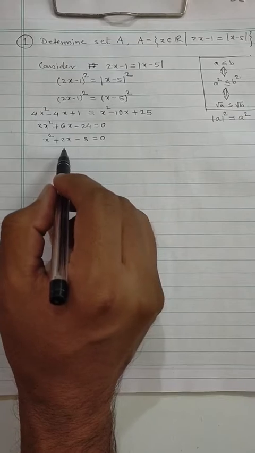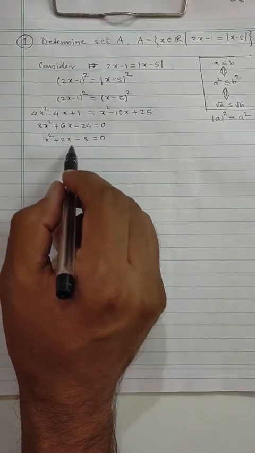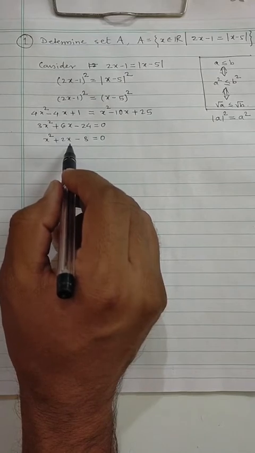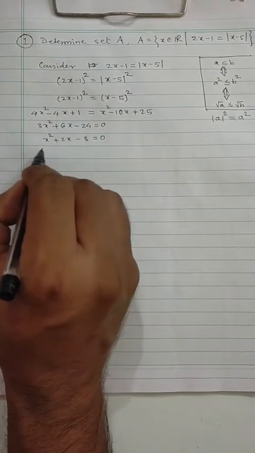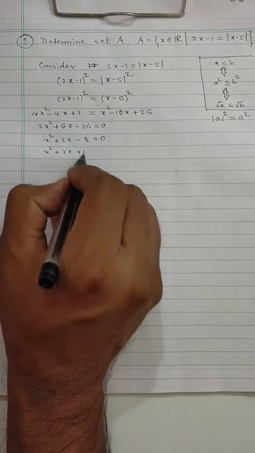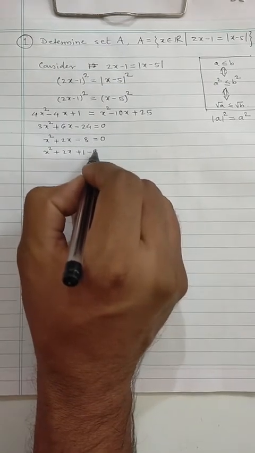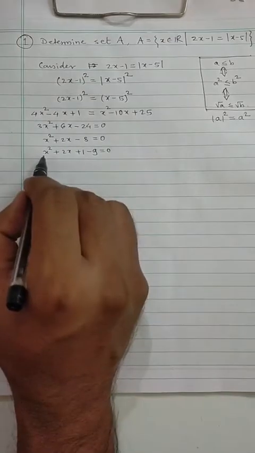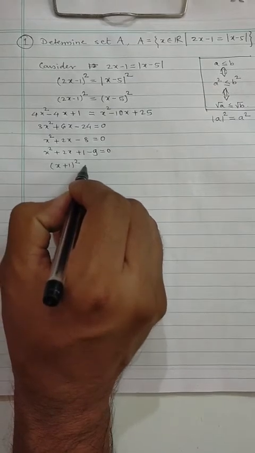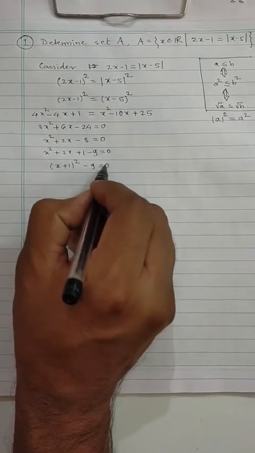So is it possible to factor the polynomial? So we can write it as x square plus 2x plus 1 minus 9 is equal to 0. Now it is a complete square. It is (x plus 1) square minus 9 is equal to 0.